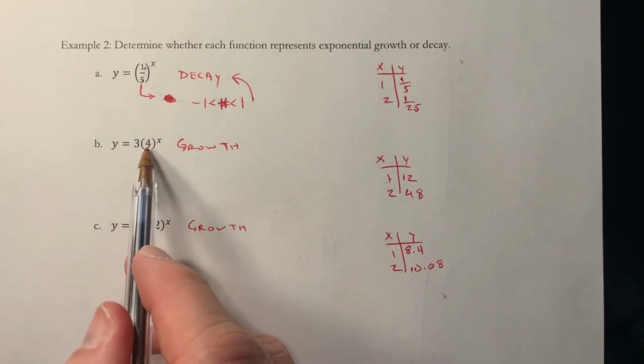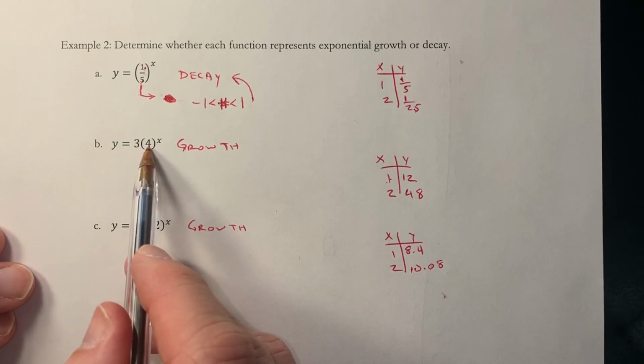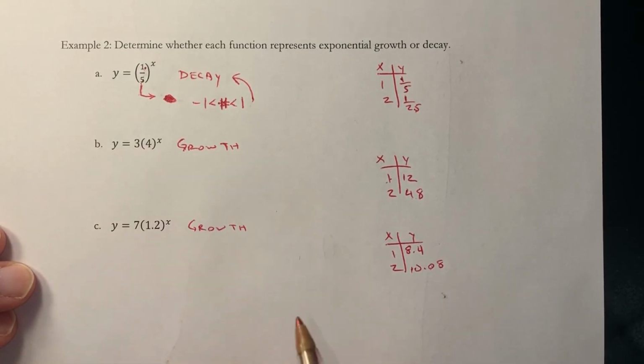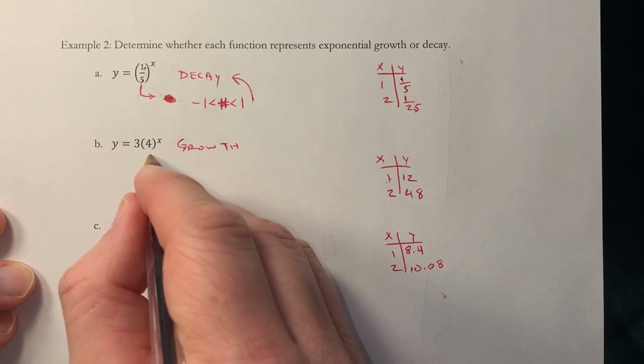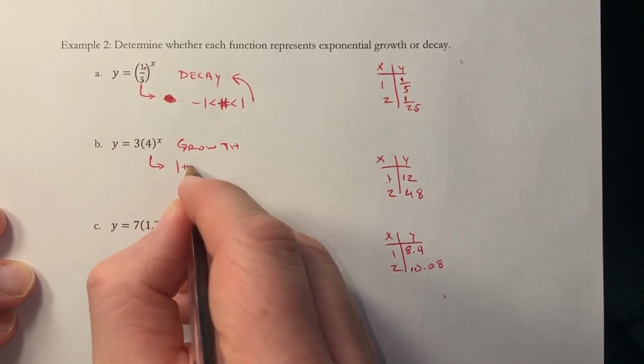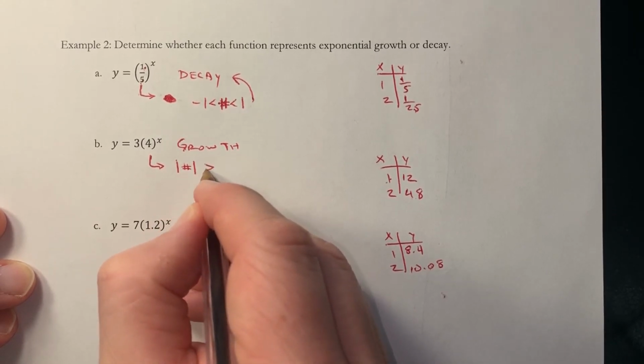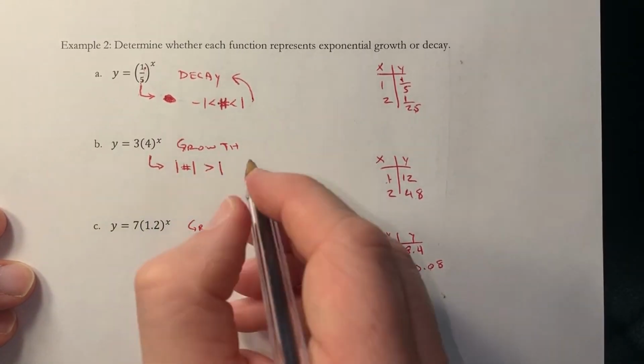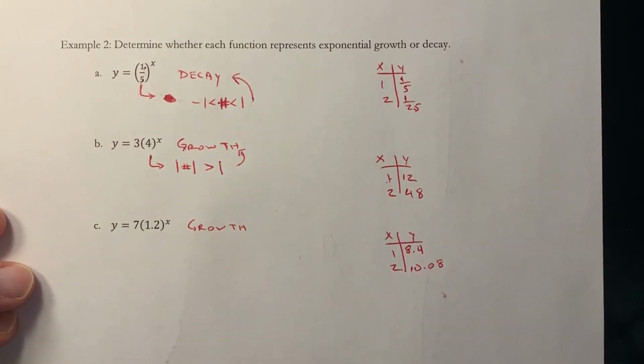Okay, now this number here is not between -1 and 1. Its absolute value, that's another way to say it, the absolute value of that number is greater than 1. And that gave us growth.